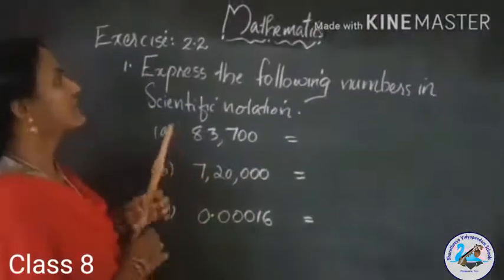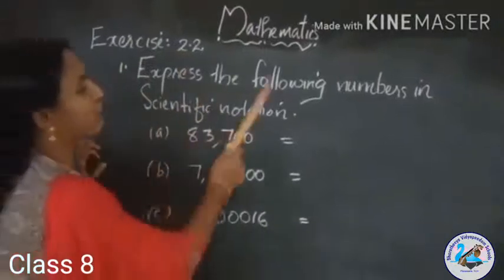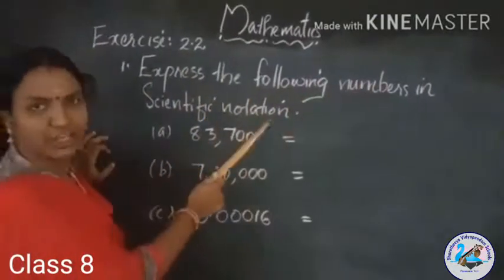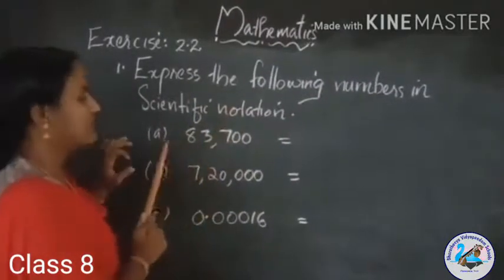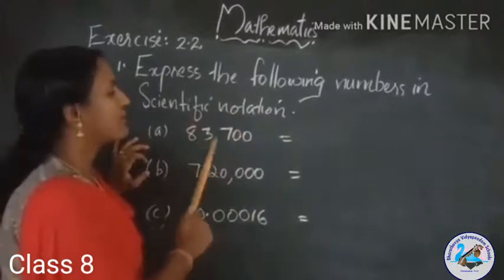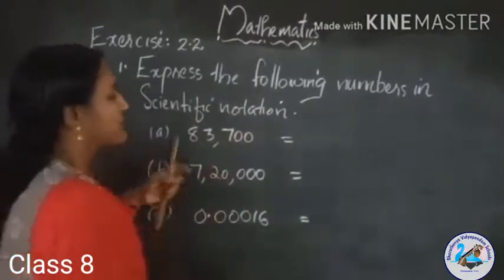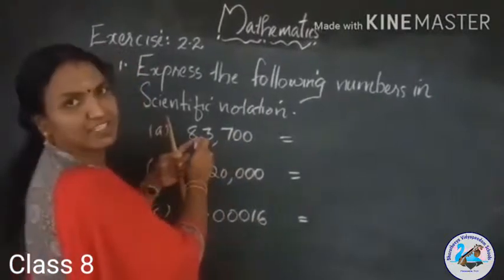Next we shall discuss the first problem from exercise 2.2. Express the following numbers in scientific notation. Scientific notation means standard form. The first one, 83,700. The method is, first we put the decimal point after the first digit from the left.